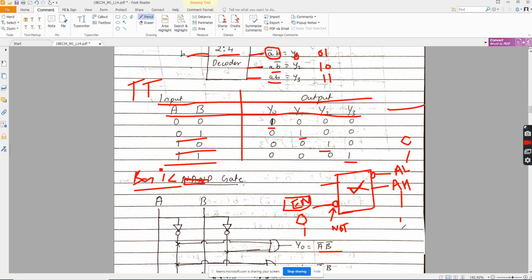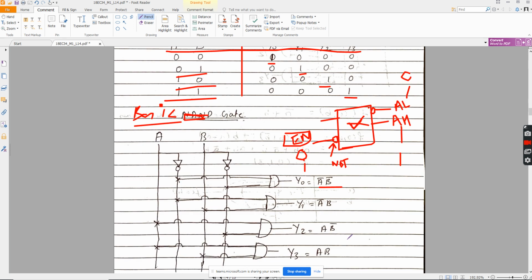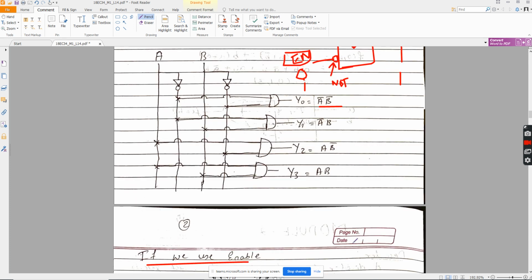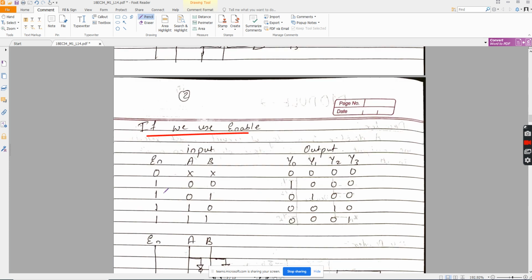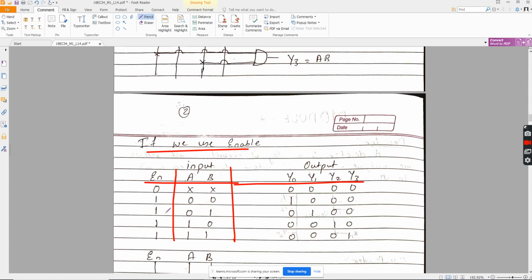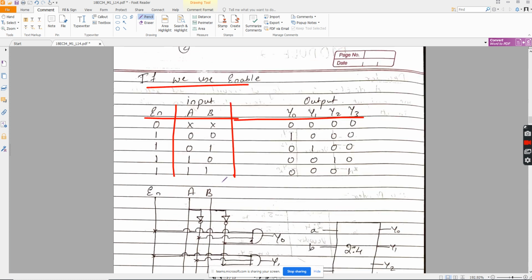Active high gets triggered for 1 input. That's it. There is no big funda behind it. The funda is that it is a NOT gate. Understanding? So next one, enable input. Here I am having 3 inputs along with the common inputs, that is A and B. Whenever, as indicated here, this enable input is an active low input here.